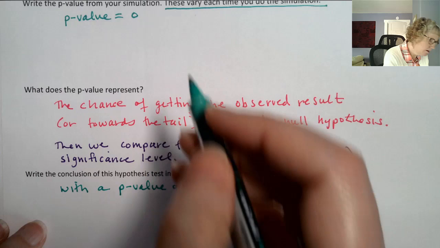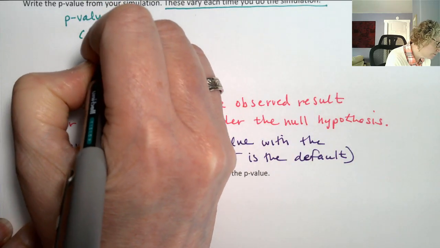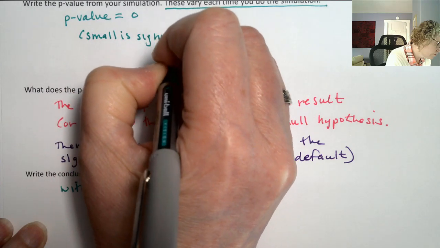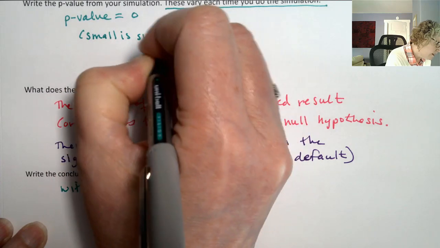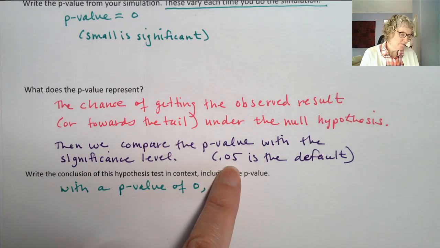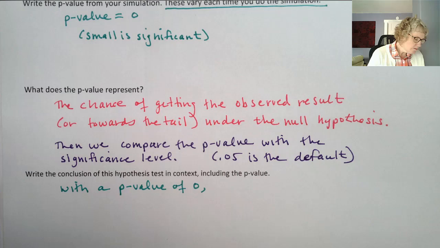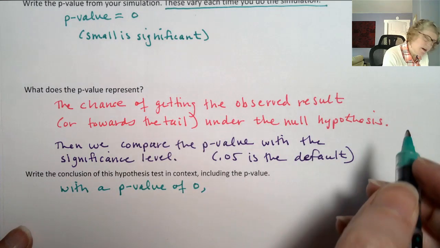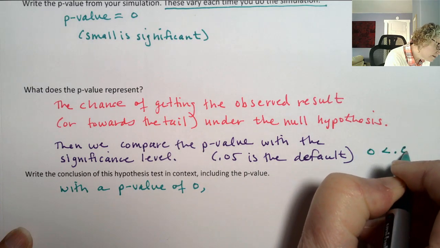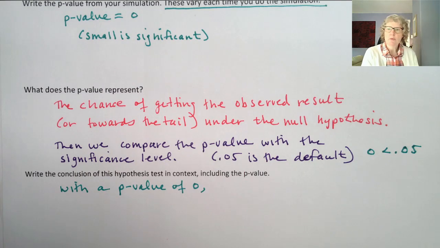Let me write that up here. Small is significant. How small? That is the significance level. So 0 is less than 0.05, which means it is statistically significant.